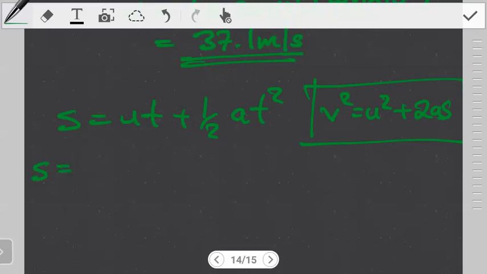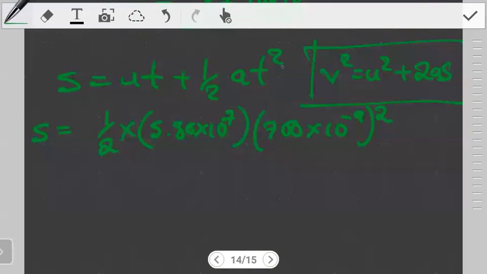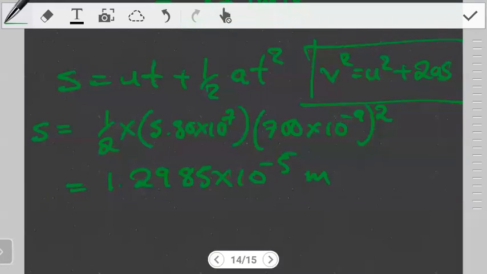So the distance equals: the initial velocity is 0, so the first term becomes 0, and we only have half multiplying the acceleration, which is 5.30 times 10 to the power positive 7, multiplying the time, 700 nanoseconds, but again we use it in seconds, so 700 times 10 to the power negative 9, raised to the power 2, because t is squared. If we simplify this, we get 1.2985 times 10 to the power negative 5. This is the distance, in meters.